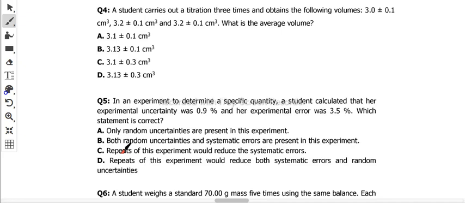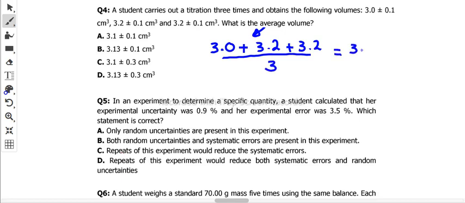Another time when we want to take the average, we're going to take the 3 trial values. So it's 3 plus 3.2 plus 3.2, and then you're going to divide over 3. And your average value is 3.1. So the final answer is actually 3.1.